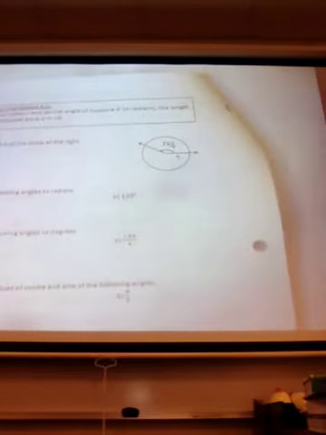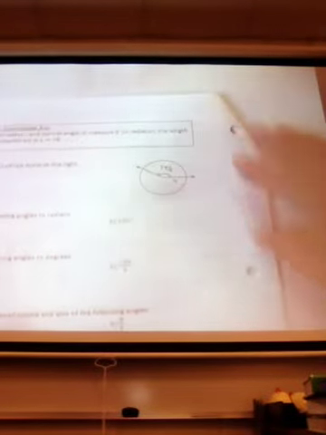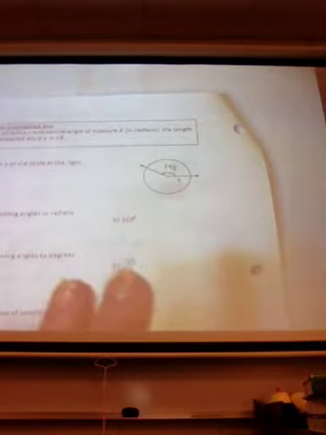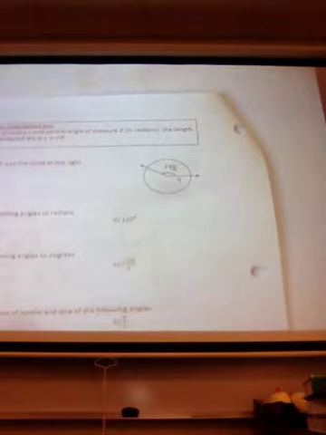Okay, turn the page. Now, length of an intercepted arc. You guys have had this in geometry, but you're going to learn another method that you need to know for radians.